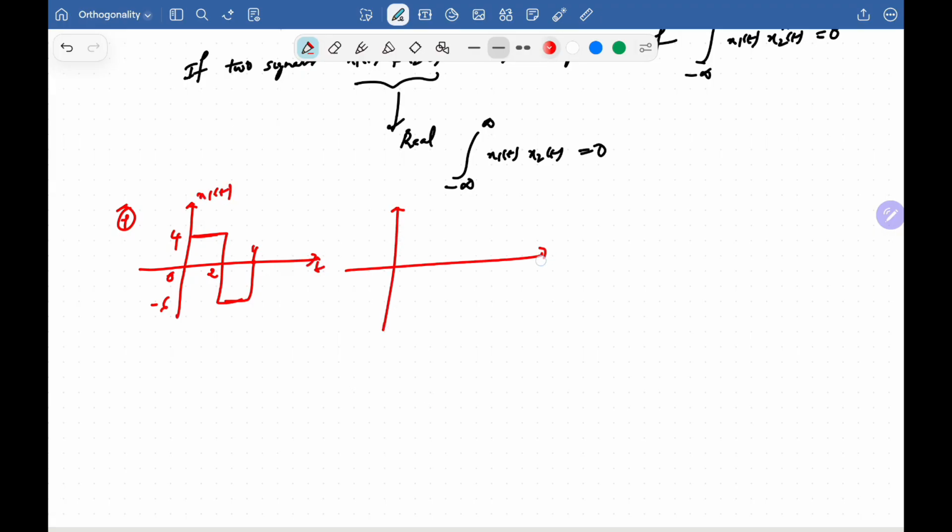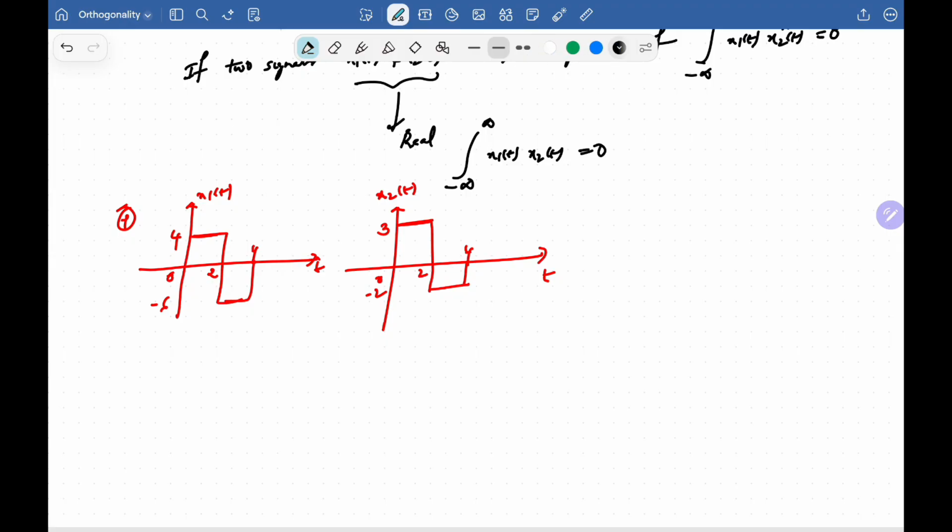One more signal, x2 of t, is given from 0 to 4, with amplitudes minus 2 and 3. Then what could be the answer?